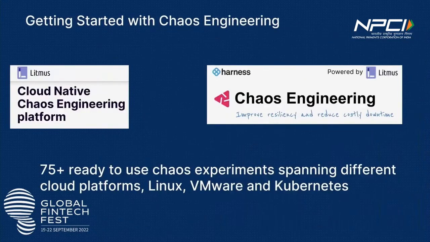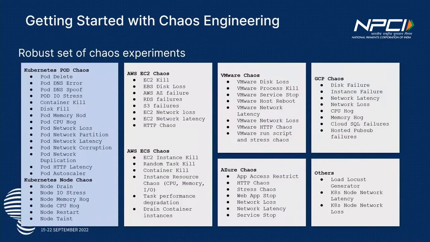So you have various options. You can start with Litmus, or Harness Chaos Engineering is powered by Litmus. It's an enterprise supported product from Harness. So you can start with any of these tools, or you have other choices as well. So this particular product comes with a lot of ready-made, ready-to-use experiments which you can use.